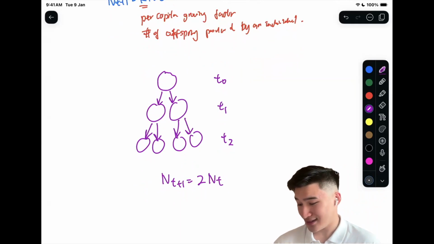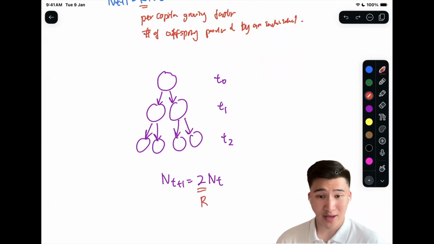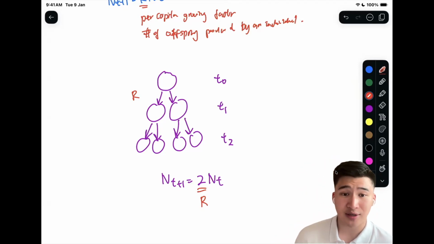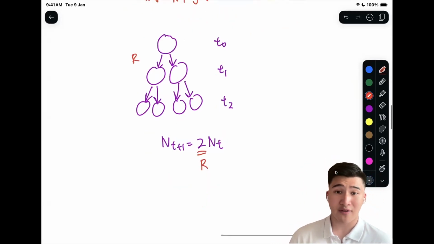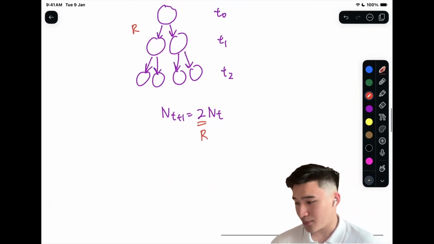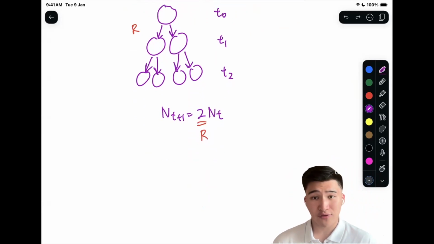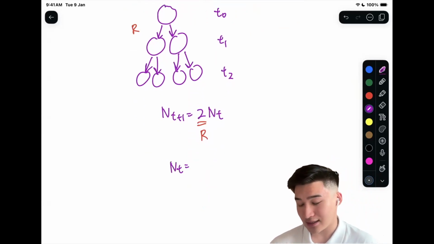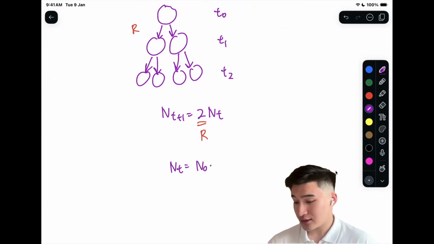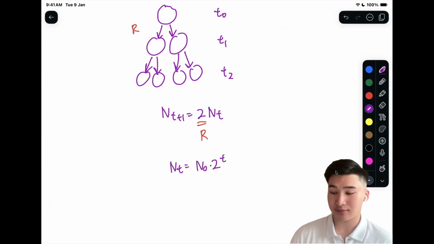But why 2? Because, again, this is r. r would basically mean the number of offspring per capita. One parent cell produces 2 daughter cells. So that's why we have an r of 2. And following this idea, if we find the solution for N t here, it's N naught times 2 to the power of t.